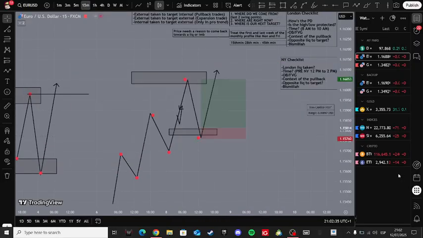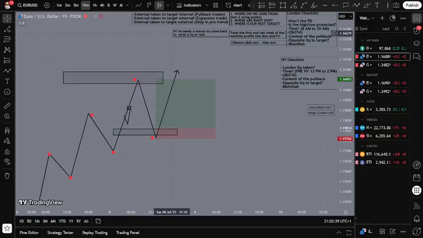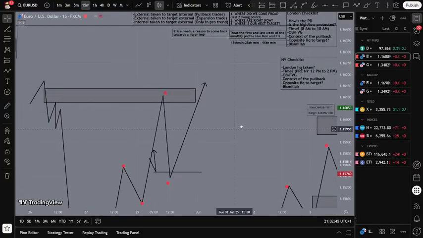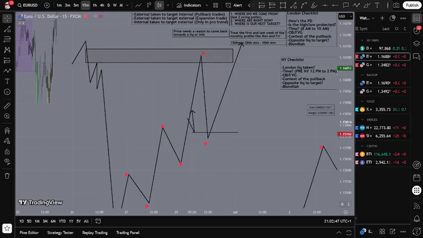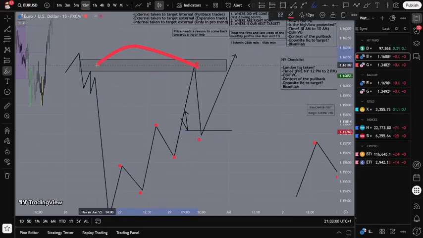And this one: price needs a reason to come towards a liquidity or imbalance. So let's go back to this example, right? Let's say you want to sell from here. Before price can go any higher, or actually no, let's say price is here, and before price can even take this internal liquidity, it needs a reason to the left for it to go lower.